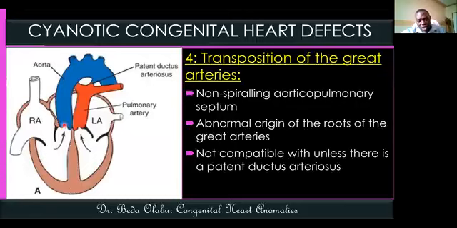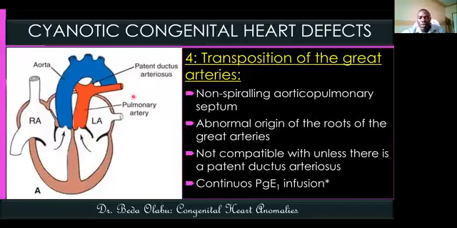Now this clinical condition is not compatible with life, unless the ductus arteriosus is patent. So one of the things you'll do for these babies, if you want them to be alive, is to first make the correct diagnosis of TGA. Once you've made the diagnosis, there's a drug that can be given: prostaglandin E1.